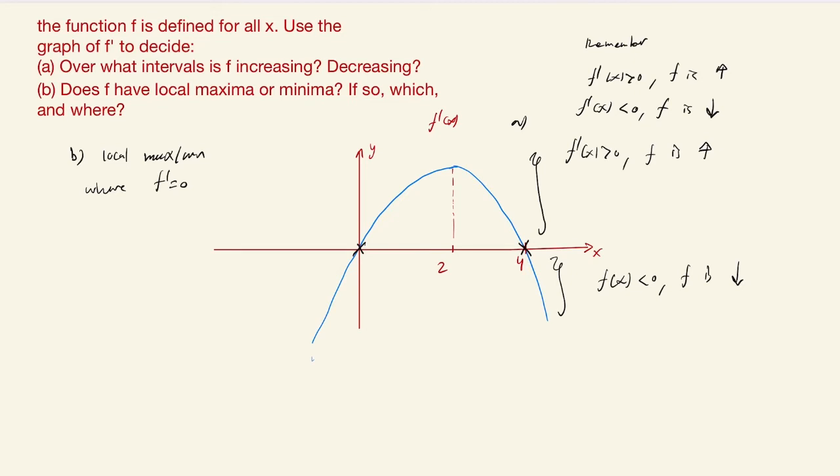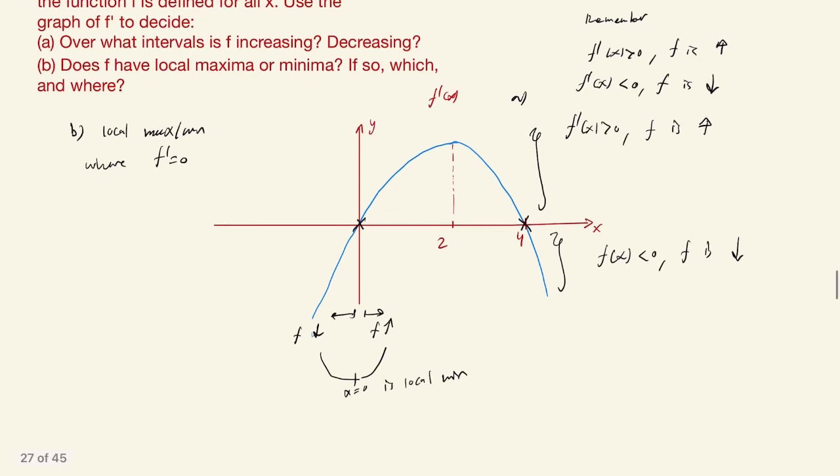Now we have to determine if each is a local maximum or minimum, so we have to see the behavior of the derivative or the function. At x equal to 0, on the left the function is decreasing, and on the right the function f of x is increasing. This is the function, not f prime of x. So from the shape, x equal to 0 is a local min.